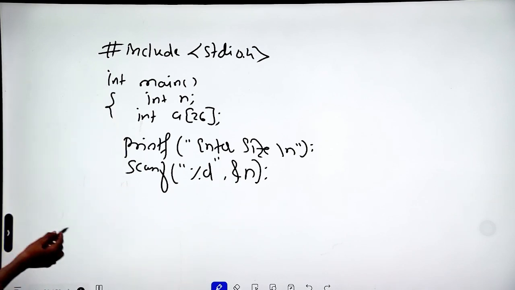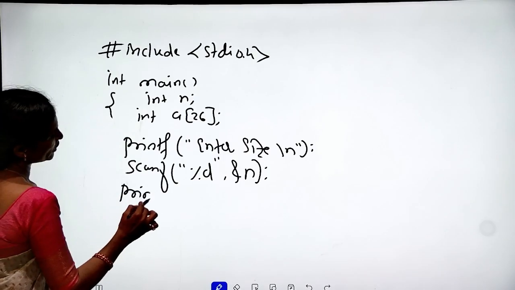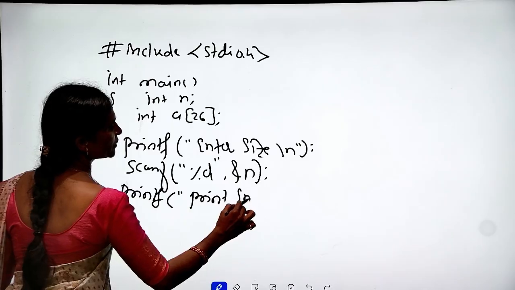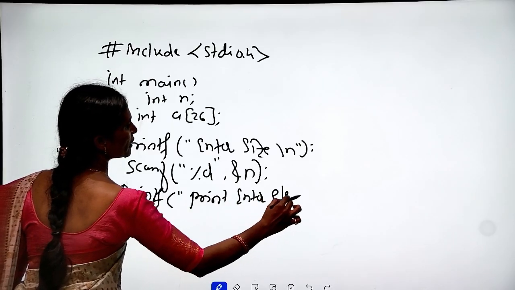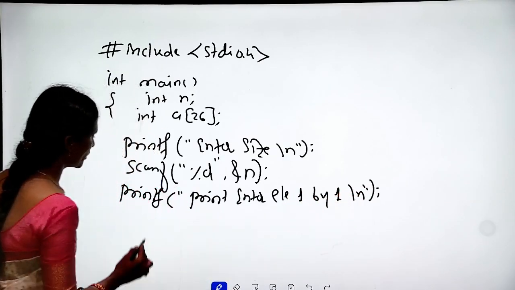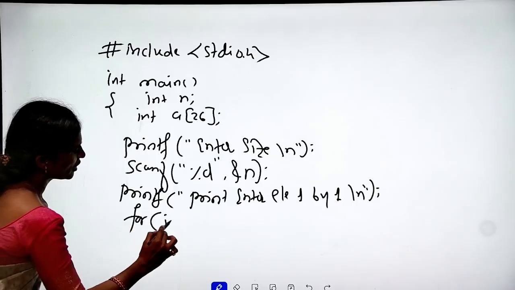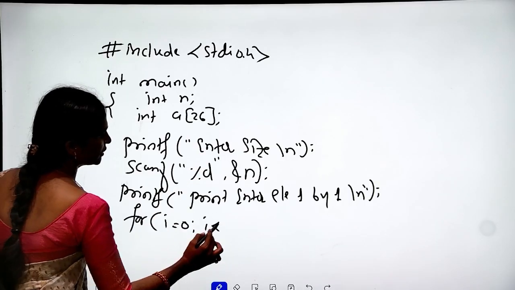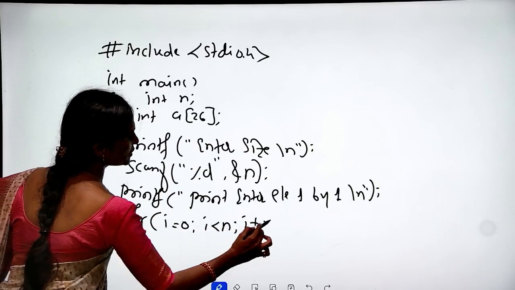Okay, now here you have to ask for reading the elements one by one, that is, printf "enter elements one by one in the array". So here we must have the for loop: i starts with 0, i is less than n, i plus plus.